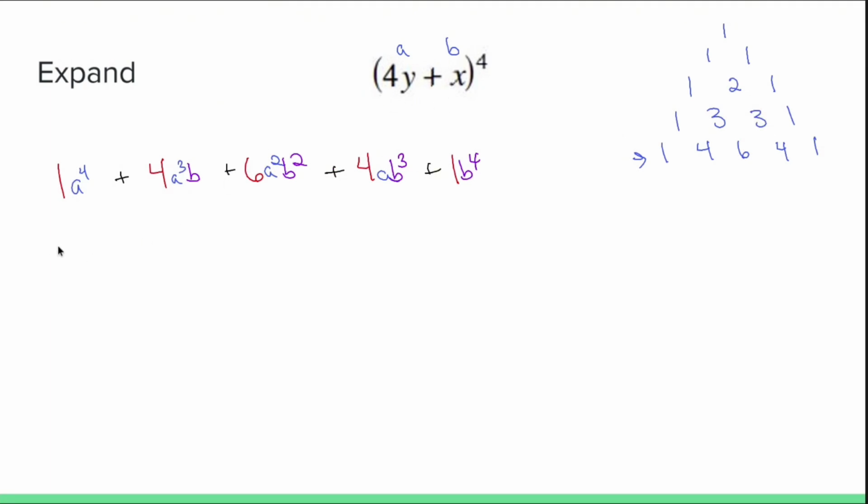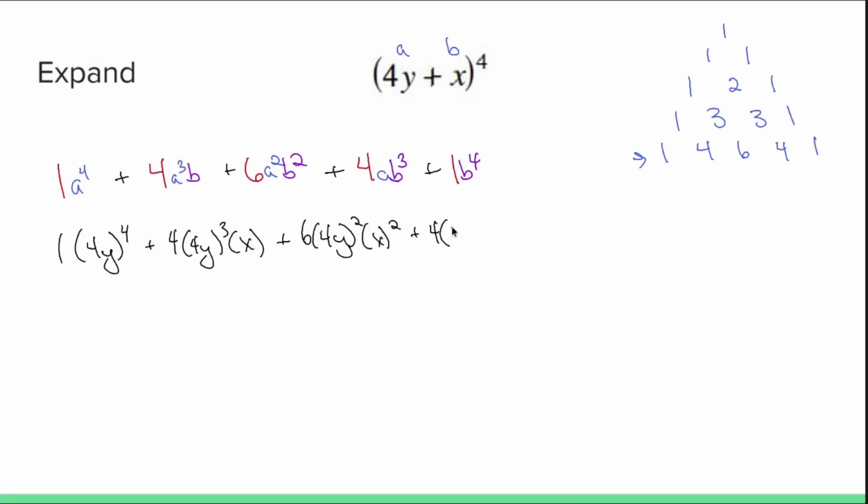Now we plug stuff in, and then we'll do some math. 1 times 4y, because A is 4y, to the 4th, plus 4 times 4y to the 3rd times b, which is x, plus 6 times 4y squared times b, which is x squared, plus 4 times a, which is 4y, times b, which is x cubed, plus 1 times x to the 4th.